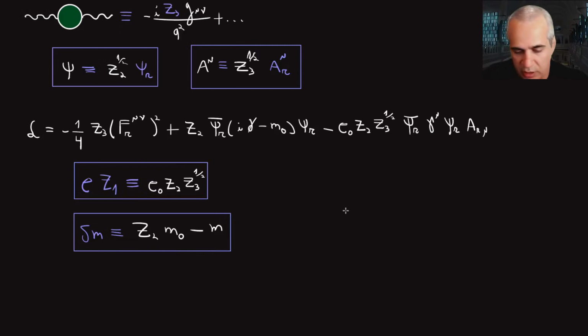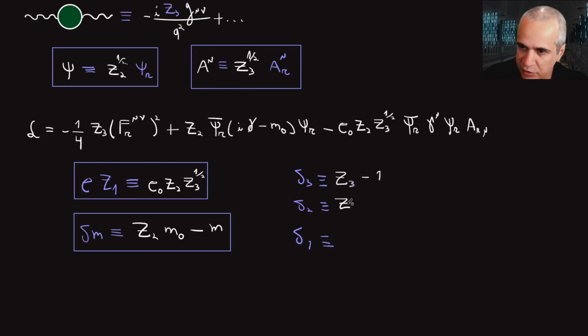I'll do also, to make the counter terms more explicit, 3 other definitions. So I'll define a delta 3, a delta 2, and a delta 1. All of them will have basically the same kind of definition. So this guy will be just Z3 minus 1.